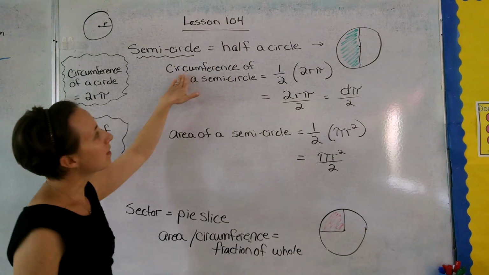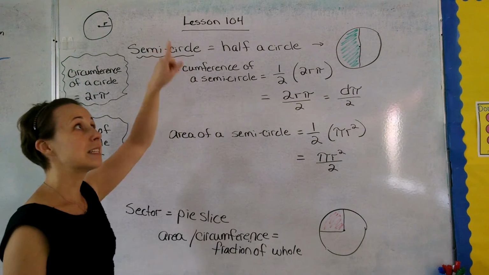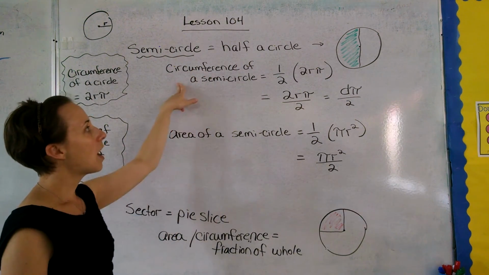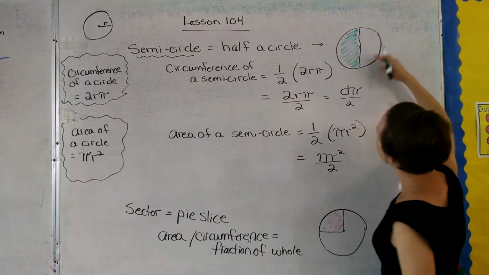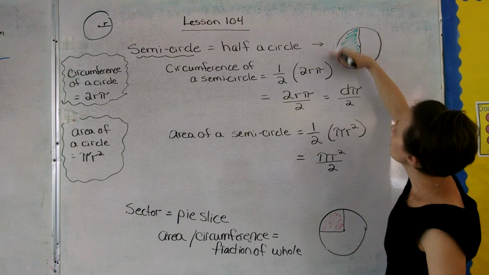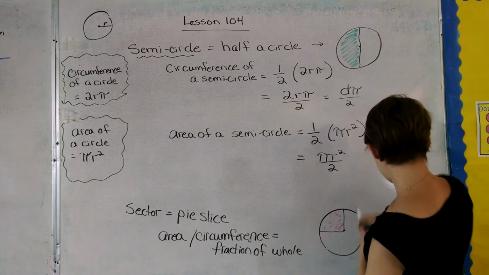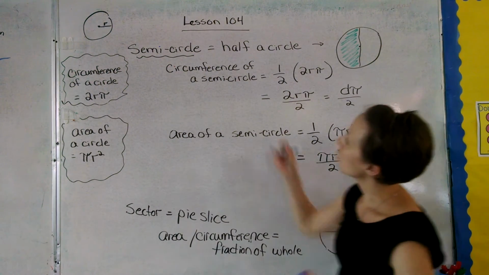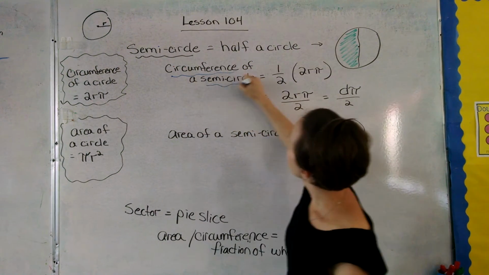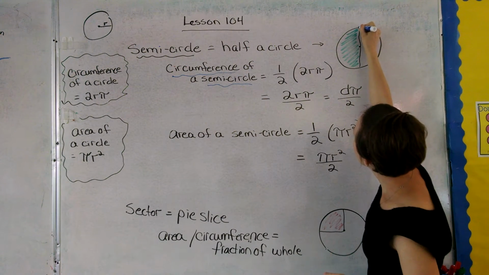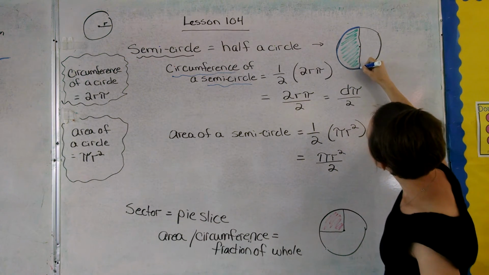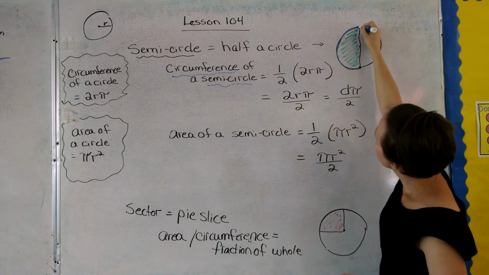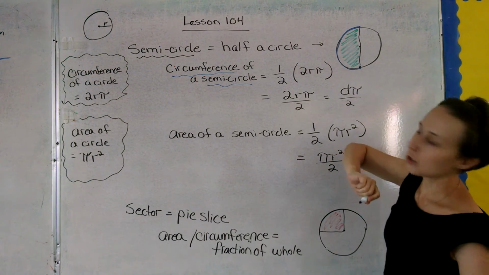If you want to find the circumference, which is the distance around the outside, of a semicircle. So for example, here is our whole circle. Here's our semicircle, just this part. The circumference of our semicircle would be the distance from here around the outside, just to there. That would be our circumference of our semicircle.